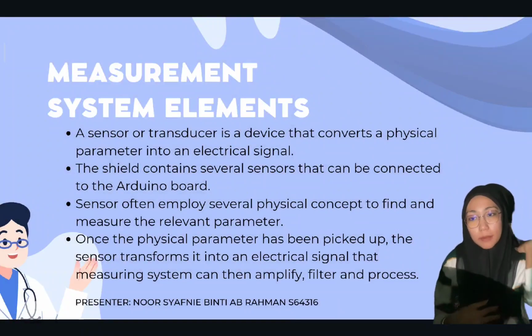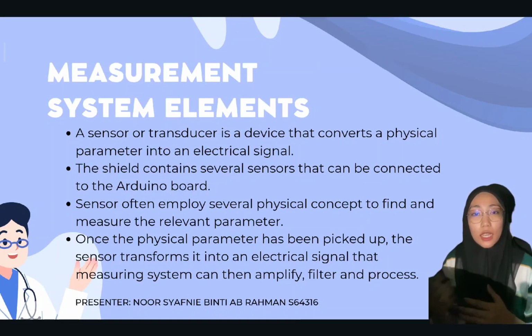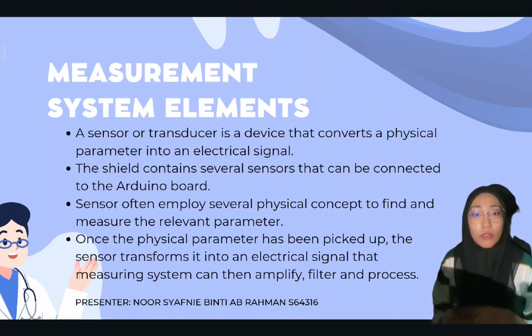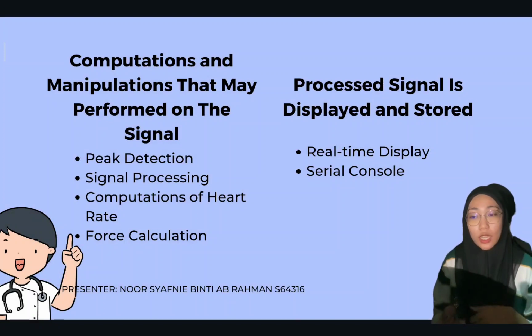Next is the measurement system element. The journal article provides a brief overview of the e-health sensor shield used in teaching biomedical concepts. It introduces various sensors including temperature, airflow, accelerometer, GSR, and oximeter, which convert physical parameters into electrical signals. The journal article explains that sensors employ different physical concepts for detection. For computation, it mentions peak detection, signal processing, heart rate computation, and force calculation.